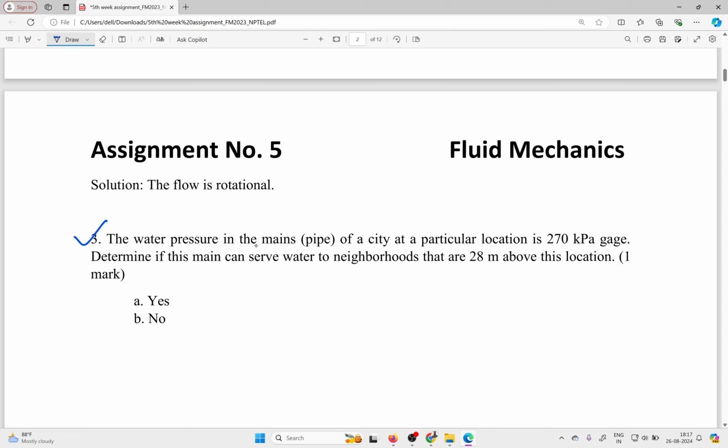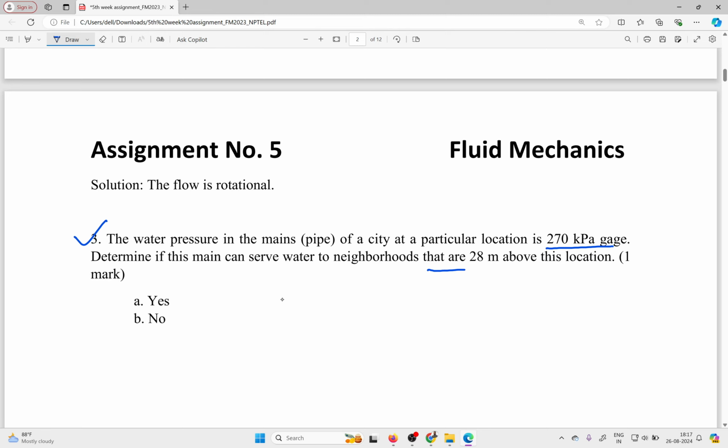The water pressure in the main pipe of a city at a particular location is 270 kilopascal gauge. Determine if this main can serve water to neighborhoods that are 28 meters above this location.